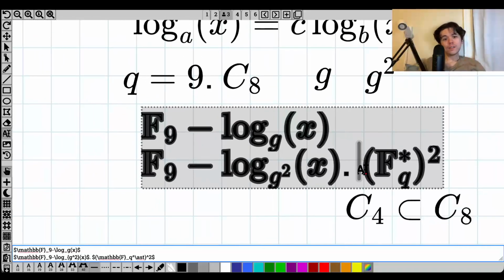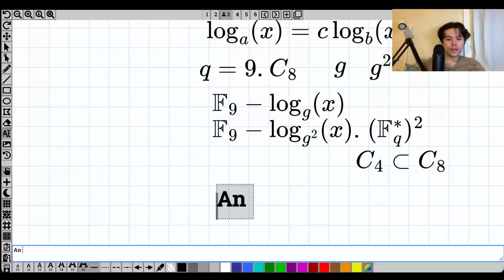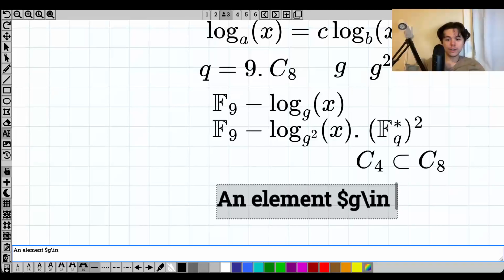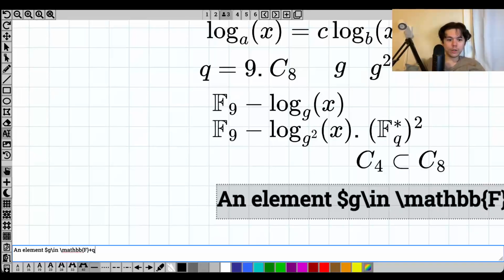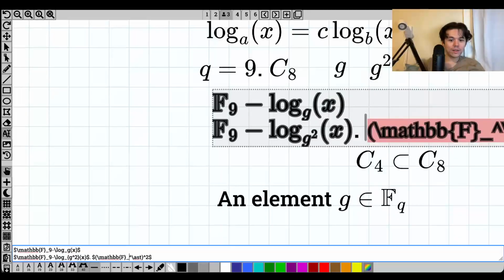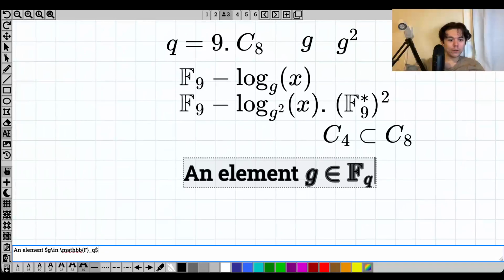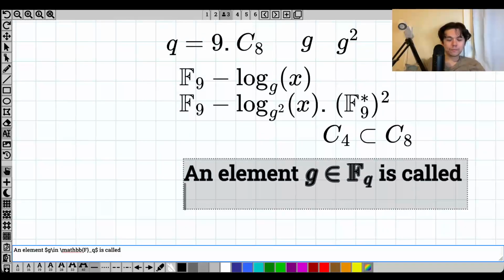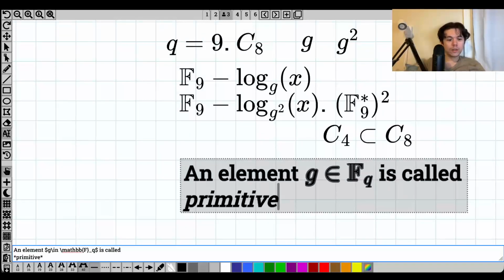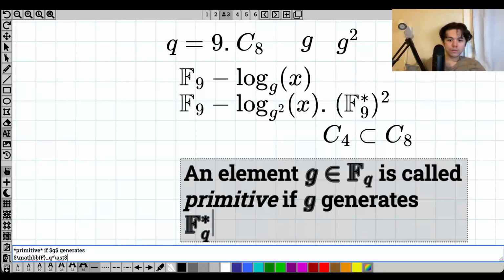And so this is something that you have to be careful about. We say an element g in some arbitrary F_q, again, I should write F_9 here because I keep vacillating, is called primitive if g generates F_q star under multiplication.